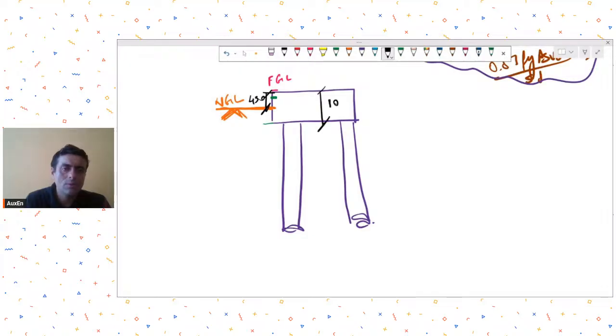Your total pile cap depth was 1000. So what is this depth then? So it is 550.